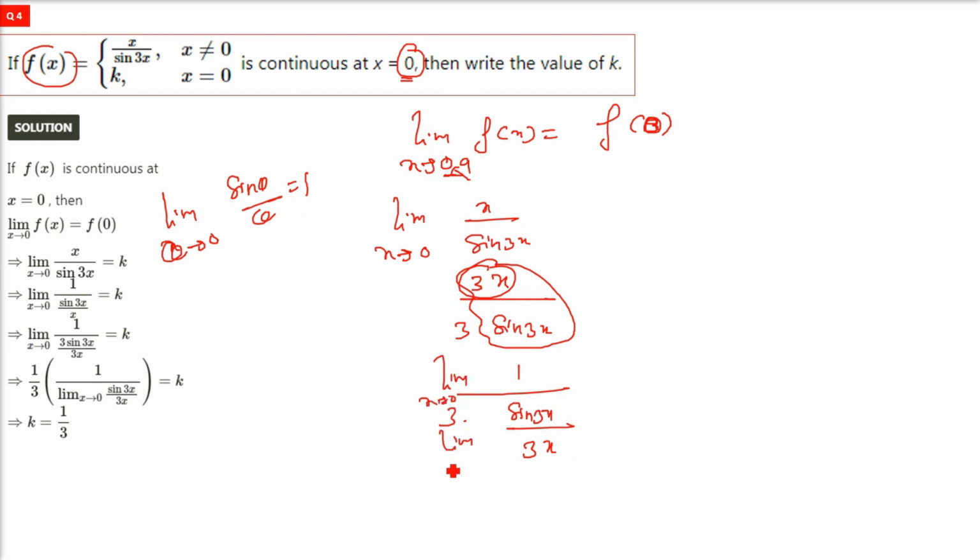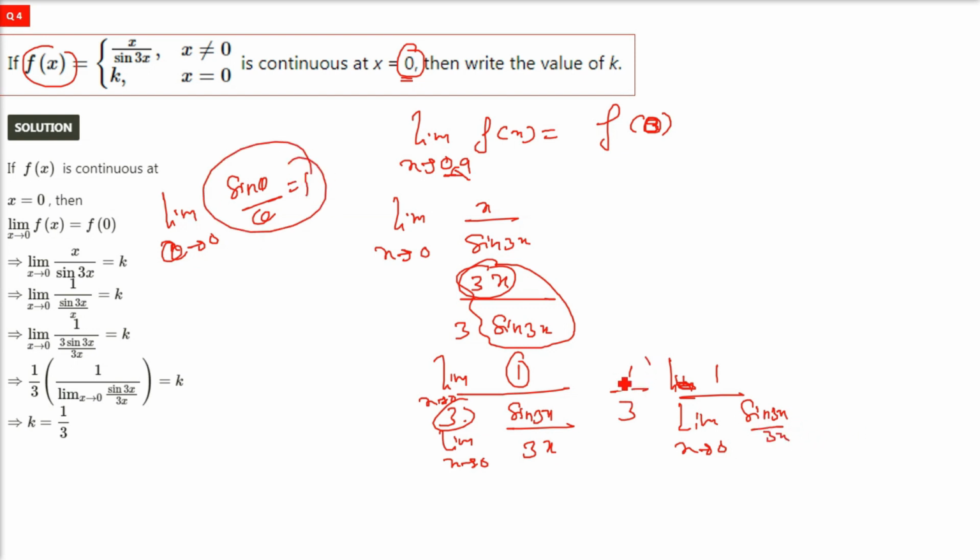The numerator is constant anyway. For sine 3x by 3x you apply the limit, and the numerator will be 1 and the denominator will be sine 3x by 3x, which is going to be 1. So numerator is 1, denominator is 1, and only 1 by 3 is remaining.